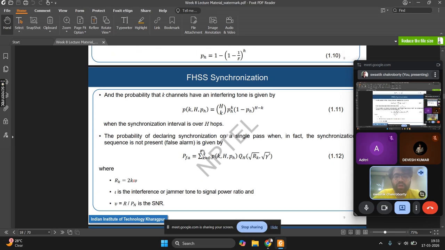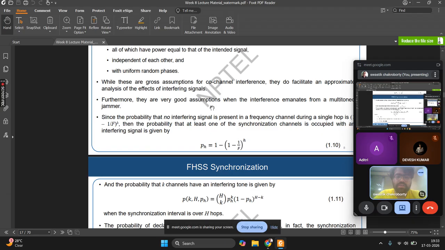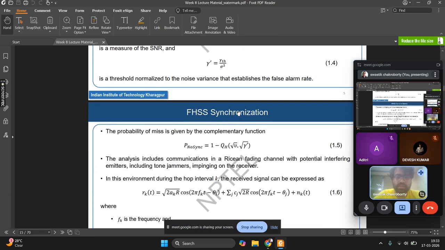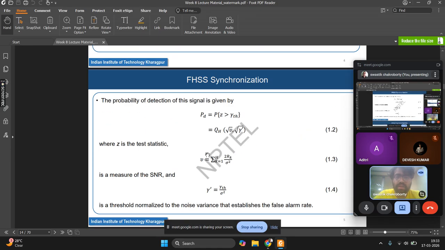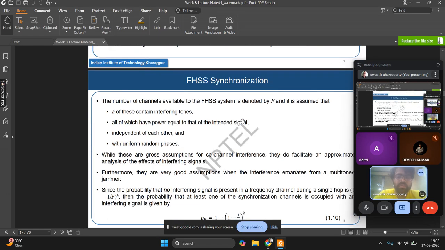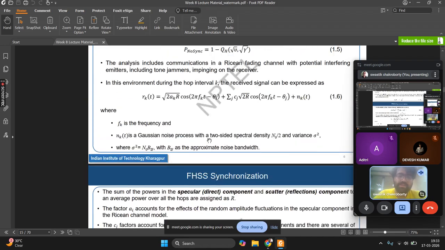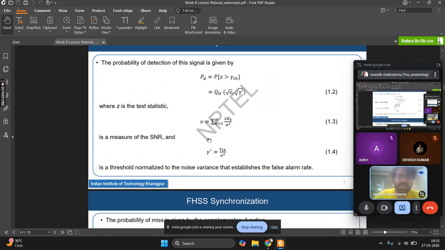The probability of declaring synchronization on a single pass when in fact synchronization is not present. So basically this is the synchronization probability, and when in fact synchronization is not present, this will be given by the probability of detection. So you have detected, but it is actually an interfering tone. This is the probability of having an interfering tone, and this is the probability of synchronization.